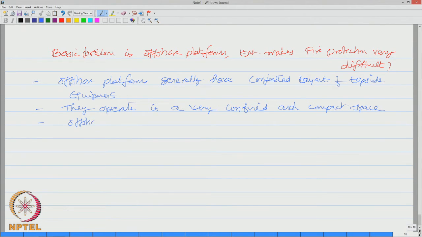Offshore production equipments are not generally laid horizontally, but laid vertically. So, we need to have fire protection along the height or depth, but not along the layout.